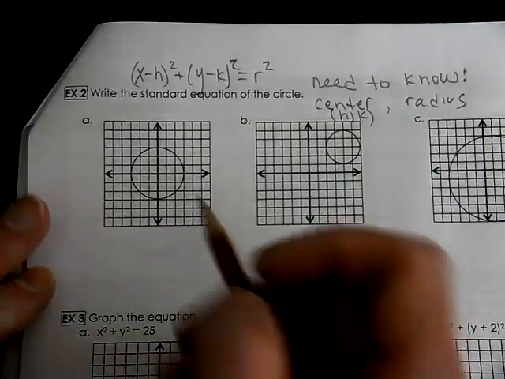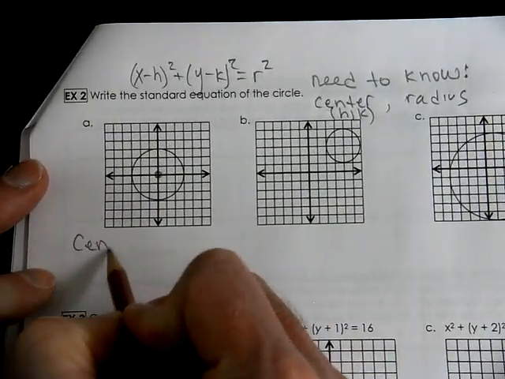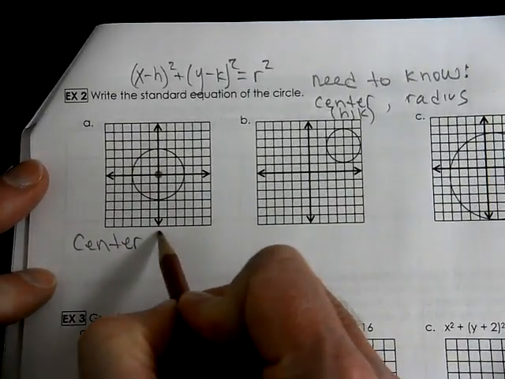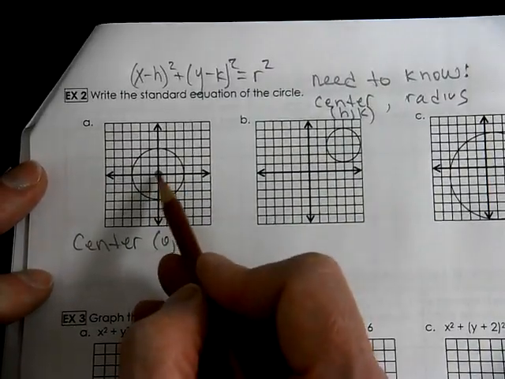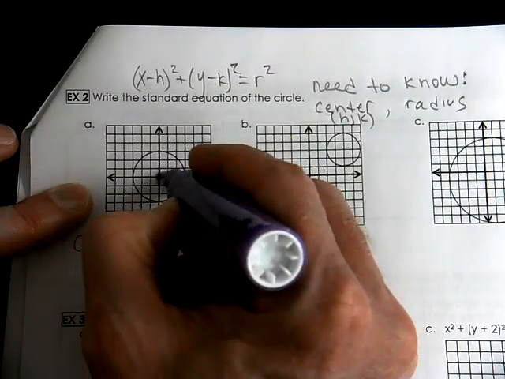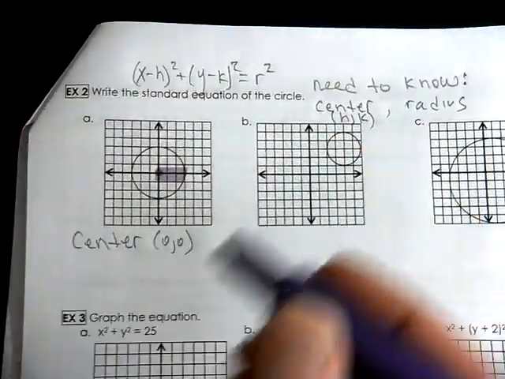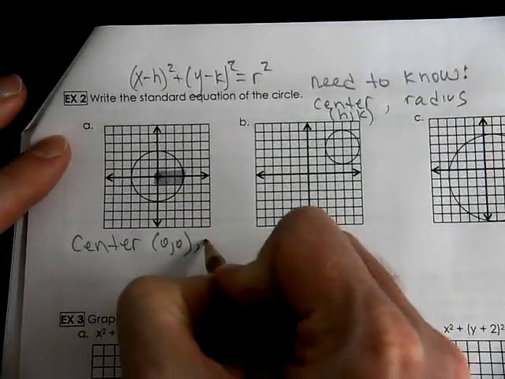So when we look at our first example here, we see our center is at 0, 0, and our radius is a value of 3.